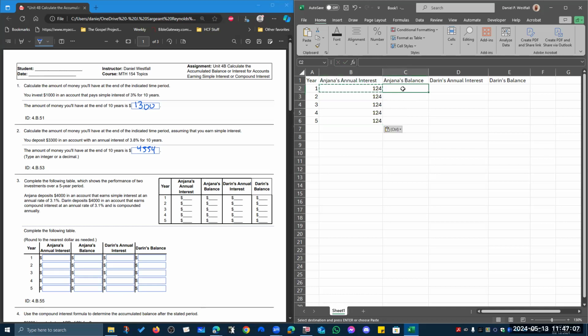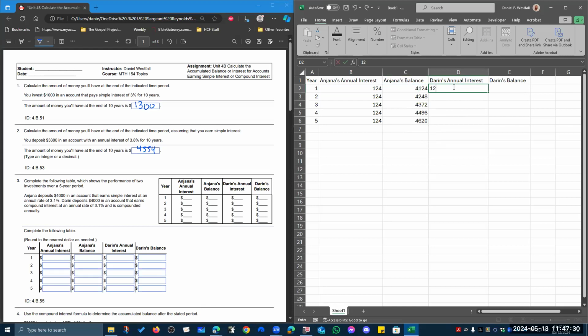So the balance is going to be 4,124. Then I'm going to take this previous number and add 124 to it, and I'm going to keep doing that all the way down here until I get to the bottom.